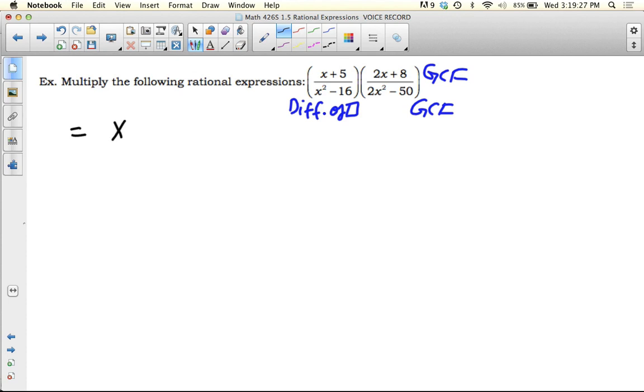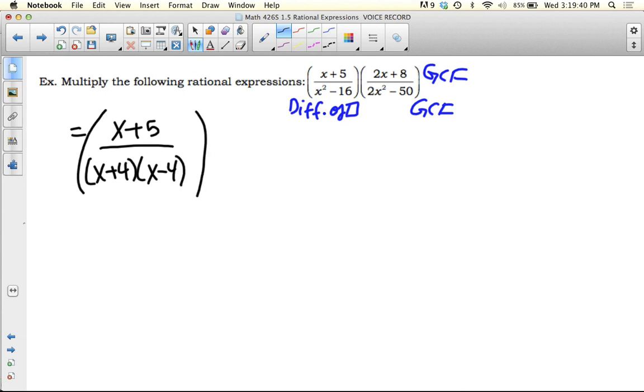So we have x plus 5, can't do anything. X squared minus 16 is a difference of squares, and that becomes x plus 4, x minus 4. Okay, so that's our first fraction. Our second one here, 2x plus 8. We common factor out a 2, so that leaves us with 2 times x plus 4.